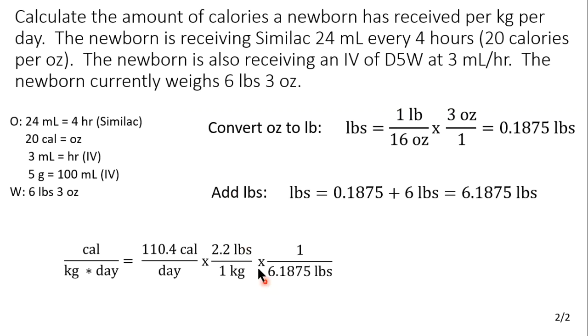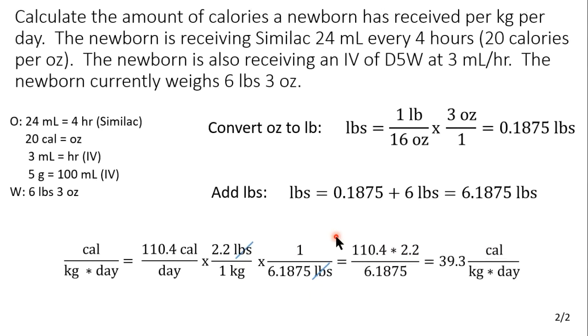Since we want to cancel out the pounds that are up here, in this case we write our pounds in the bottom, so the placeholder goes in the top. So times 1 over 6.1875 pounds. Our units of pounds cancel out, so we are left with 110.4 times 2.2 divided by 6.1875, which gives us 39.3 calories per kilogram per day. So this would be our final answer.